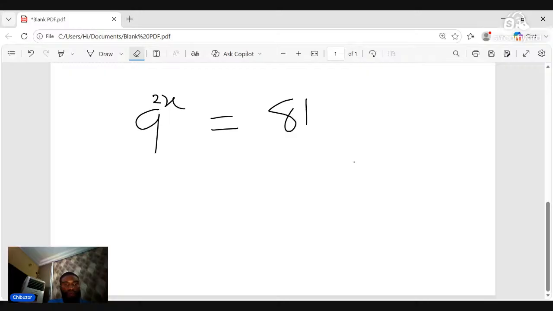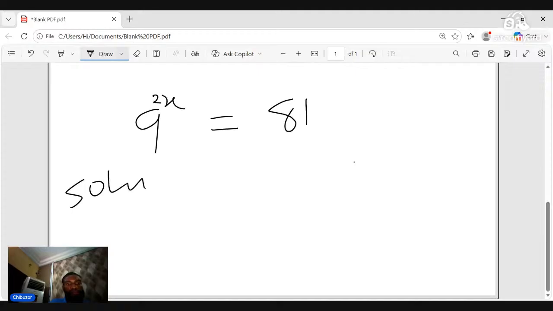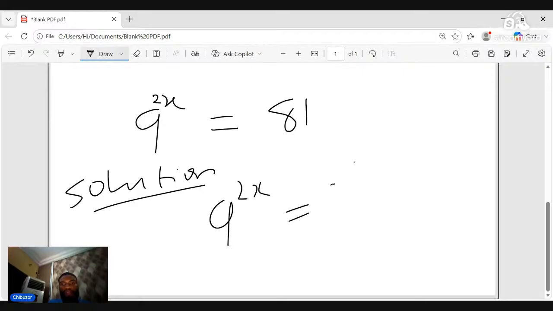So how is it 1? Let's solve. 9 raised to power 2x is equal to 81. 9 times 9 is equal to 81, right? That means 9 raised to power 2 is equal to 81.